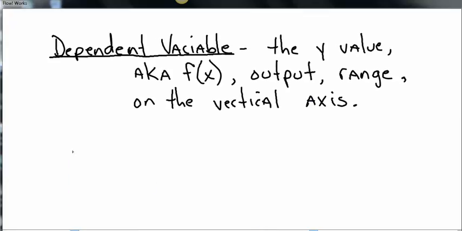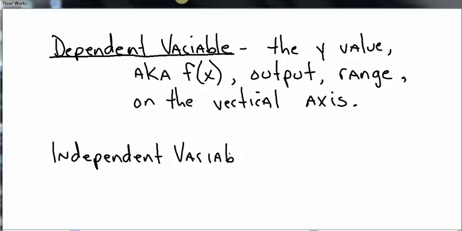All right, so then you got the independent variable. That's the x value, isn't it?